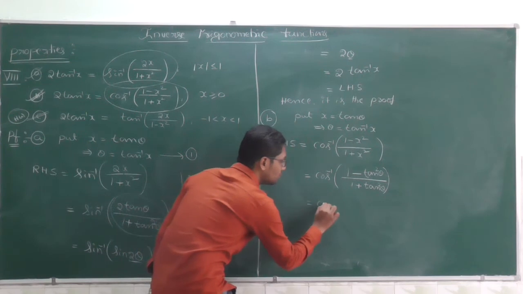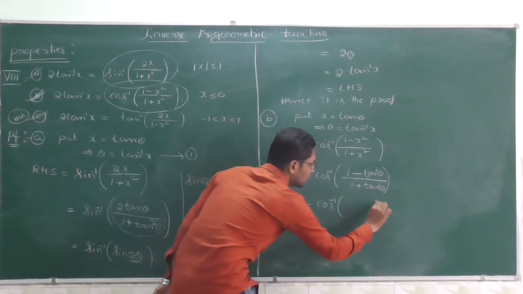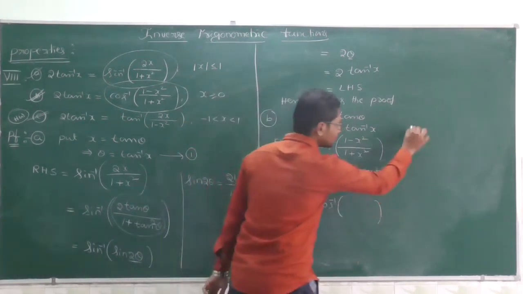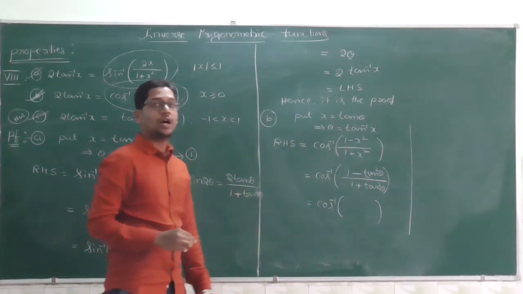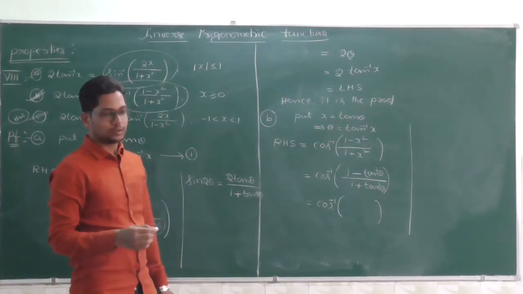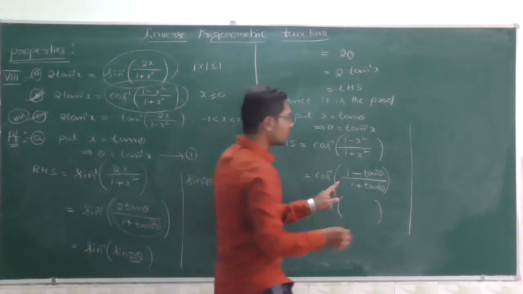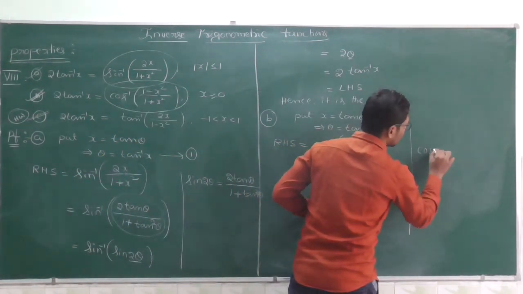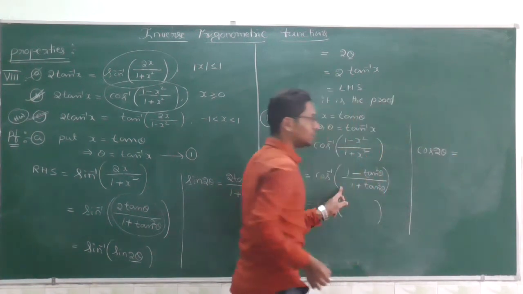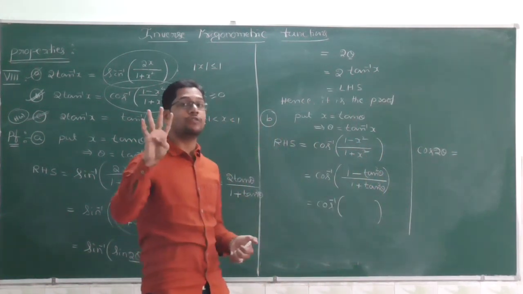That is equal to cos inverse of, see, we have the formula in our trigonometry, cos 2 theta. For cos 2 theta we have 4 formulas, right?